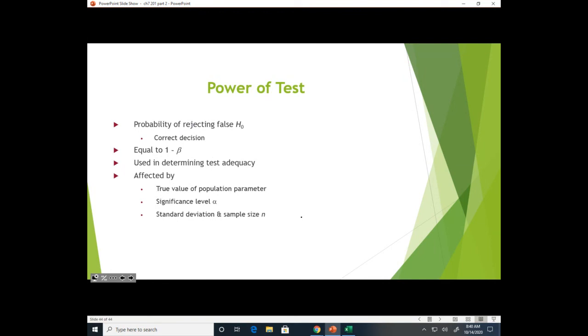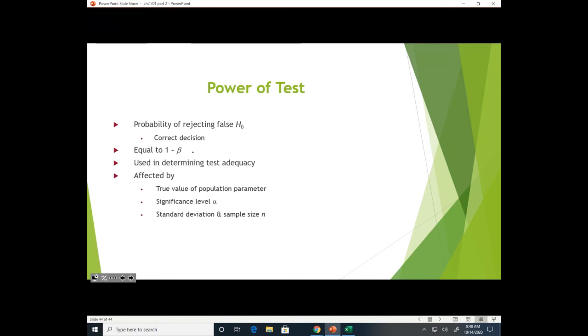So the power of a test, or the probability of rejecting a false null, is equal to 1 minus beta. It's used in determining test adequacy. It's affected by the true value of the population parameter, the alpha that you chose for your test, and the standard deviation and sample size n. So basically, know that power is equal to 1 minus beta.